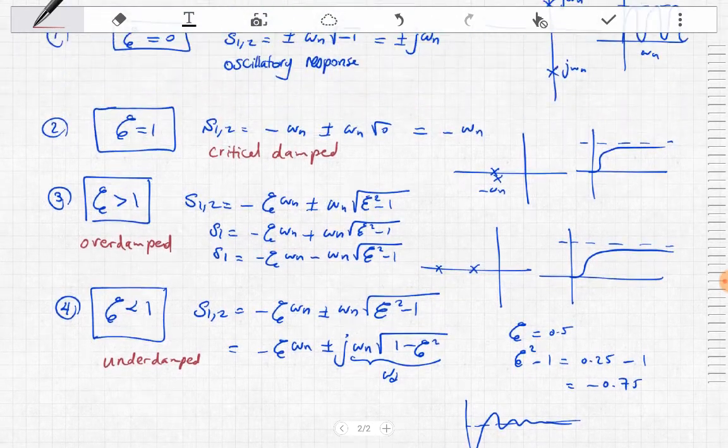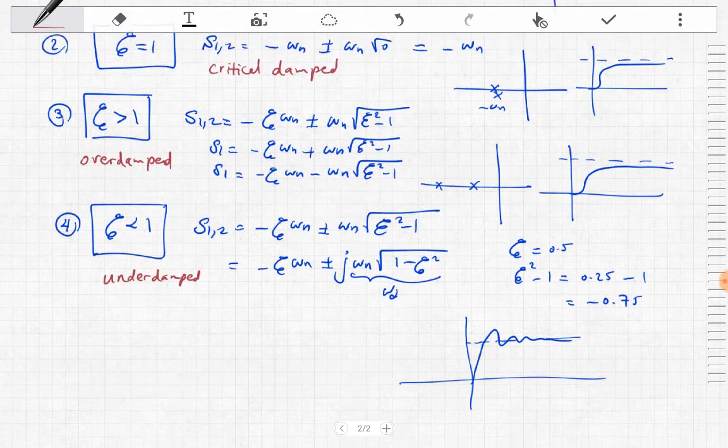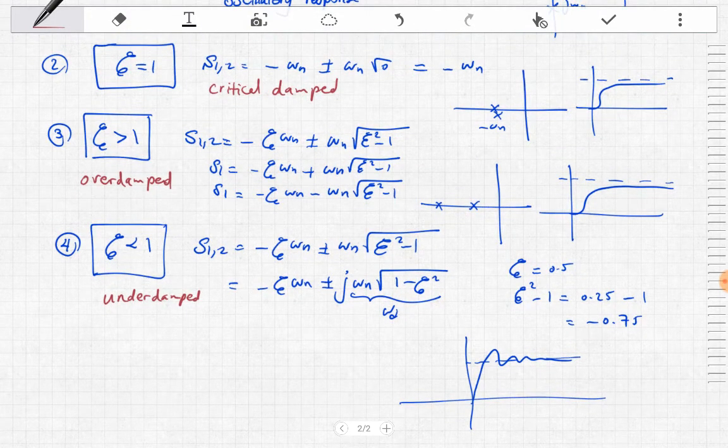So these are the four types of response for the second order system, and we find the response using partial fractions, as we explained before. But now we are going to focus on the last case, underdamped, when eta is less than 1, and look at the performance of such systems. Do you have any questions?